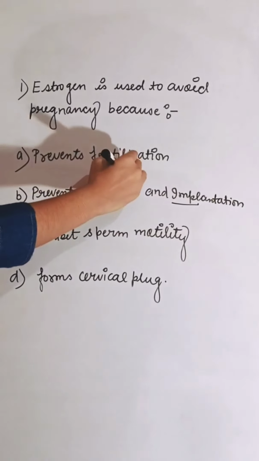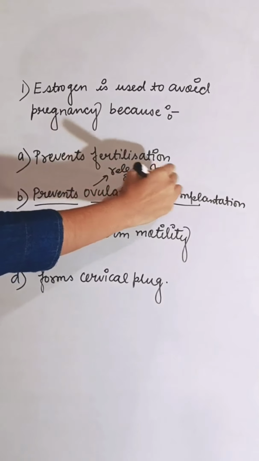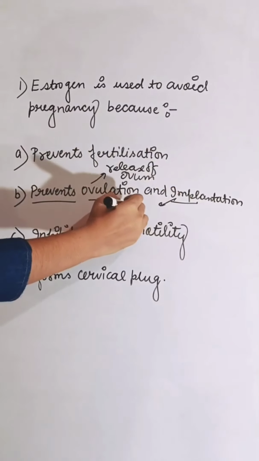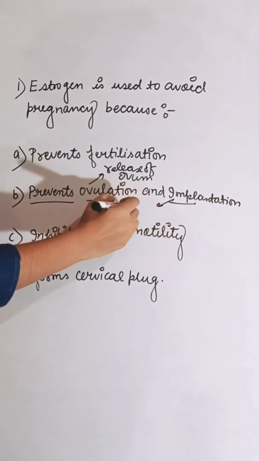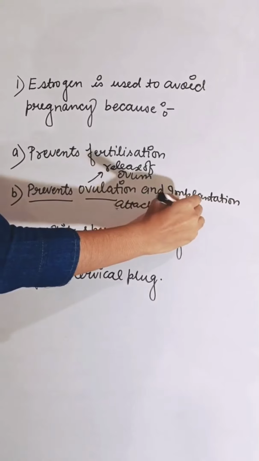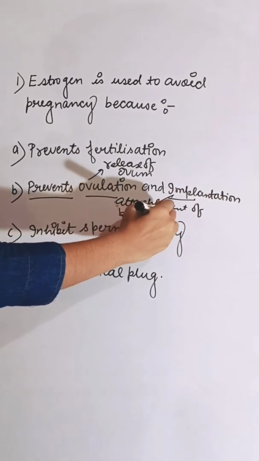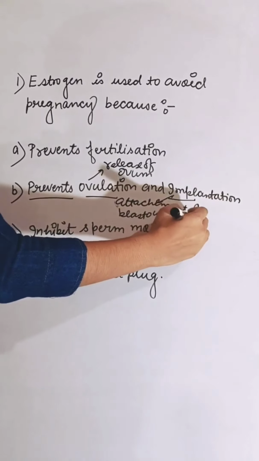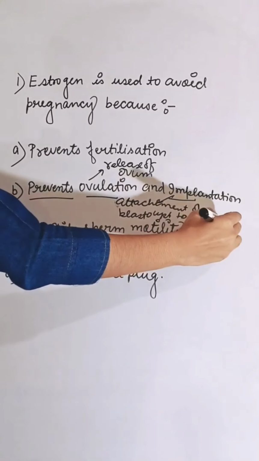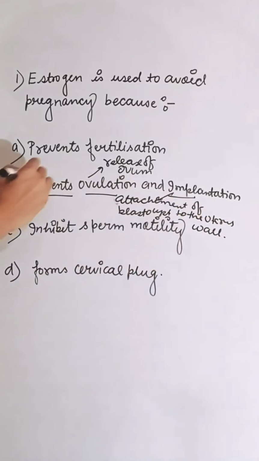Ovulation means release of ovum, and implantation means attachment of blastocyst to the uterus wall. So correct answer is B.